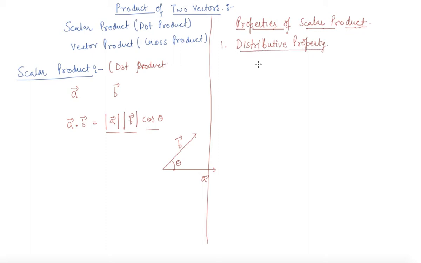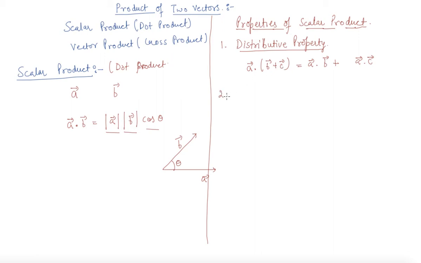What this means is, let's say vector A dot the sum of B plus C. These vectors are in addition and this is a dot product. So it is like A dot B plus A dot C. It means that the scalar product is distributed over addition.